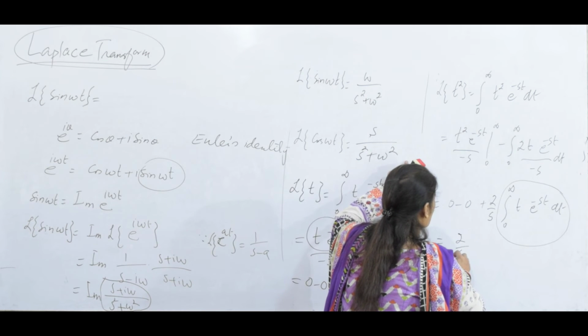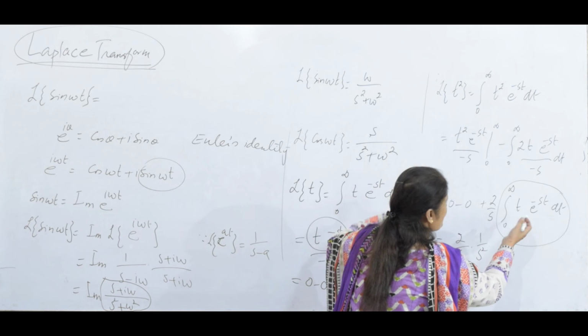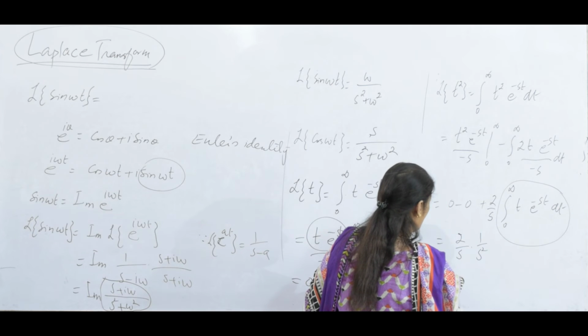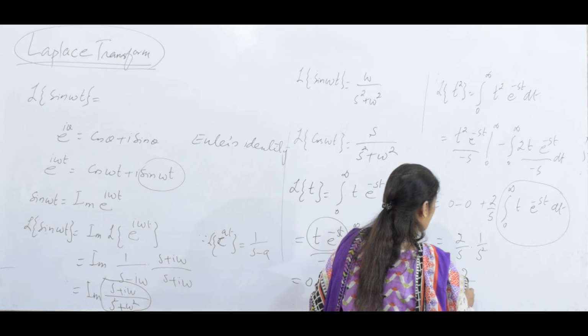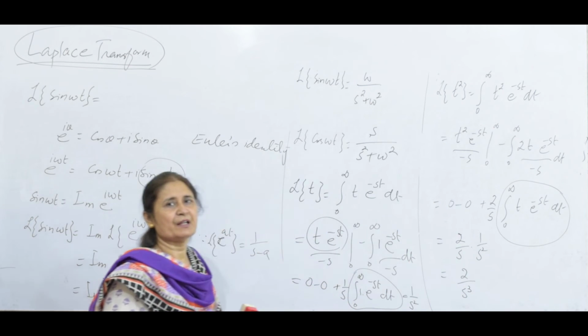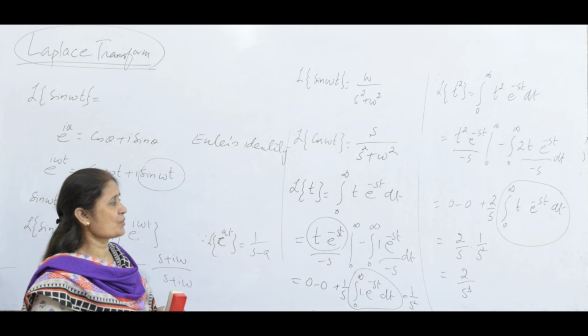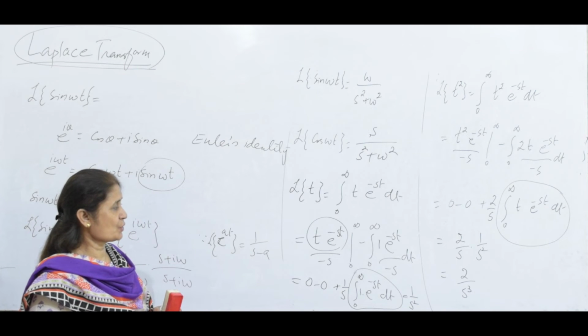So 2 over s into 1 over s square gives 2 over s cube. The Laplace transform of t square is 2 over s cube.